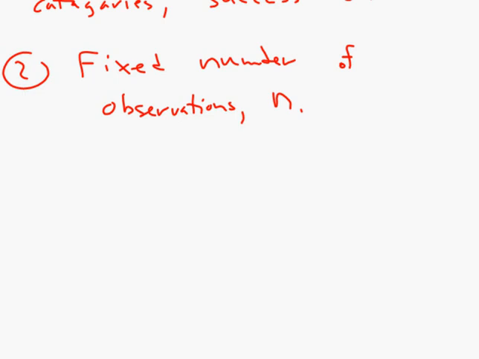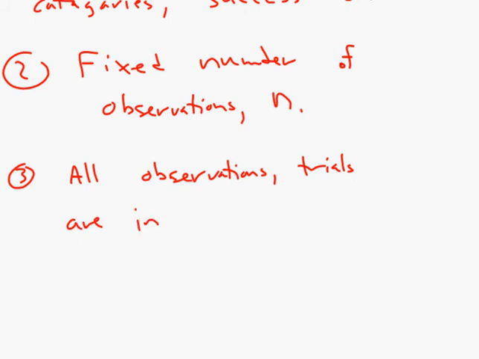The third condition is that all observations, or we could say trials, are independent. Meaning that if someone was taking a foul shot and they got the first foul shot in and the probability of getting it in was 0.7, whatever happened during the first time would have no effect on their likelihood of getting the ball in the second time.